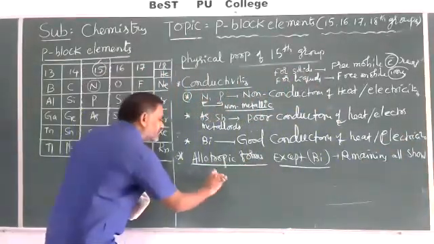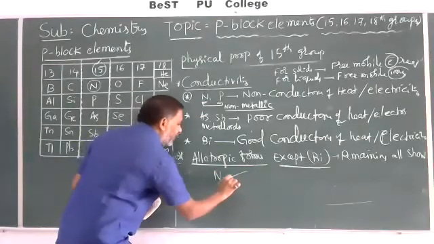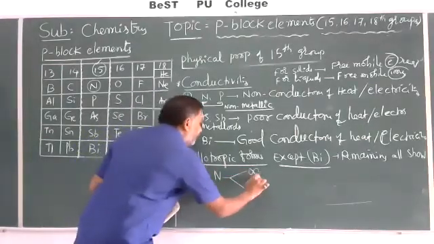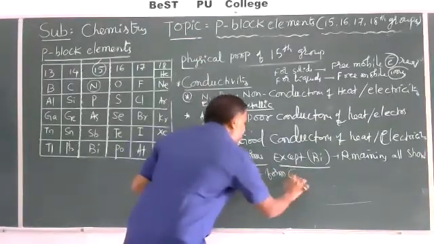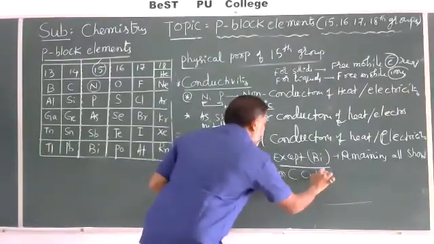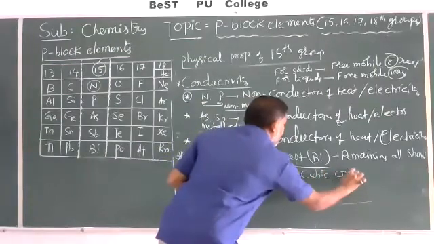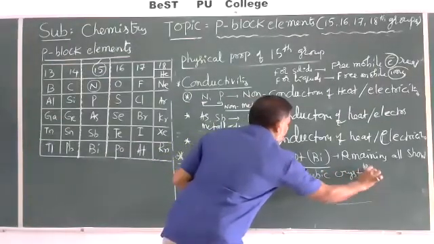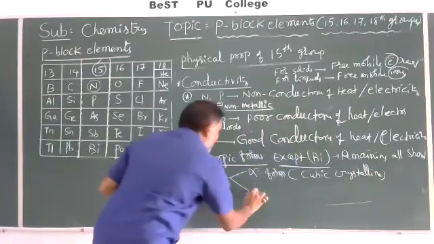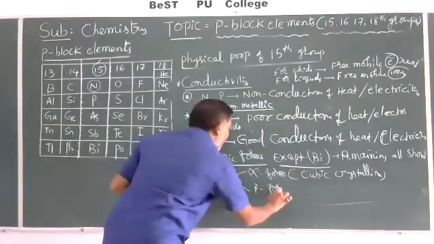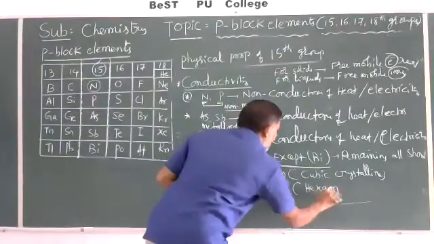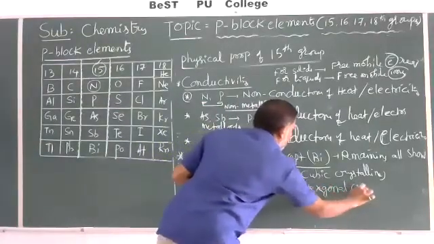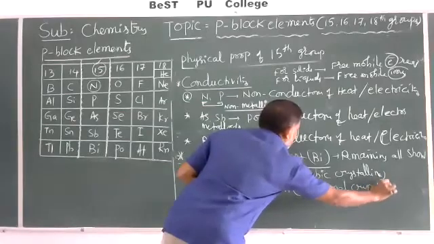Here nitrogen shows two important forms. They are the alpha form, alpha nitrogen, which at a low temperature exists as a cubic crystalline form. And the second one is the beta form, which is hexagonal crystalline form, crystalline solids.